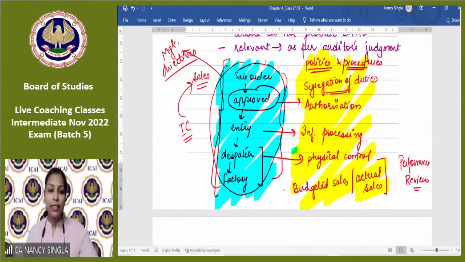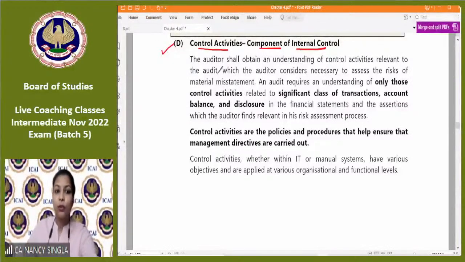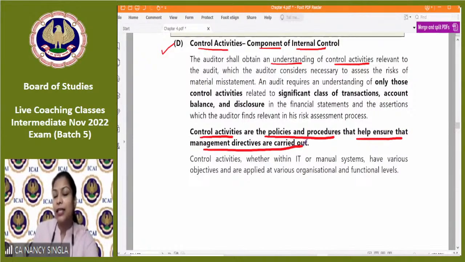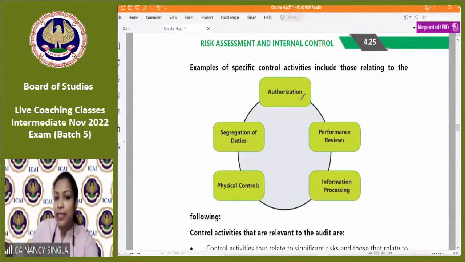Okay? So let us have a look at it from our module. So, the auditor shall obtain an understanding of the control activities. Now, what are control activities? Control activities are the policies and procedures that help ensure that management directives are carried out. For example, authorization.